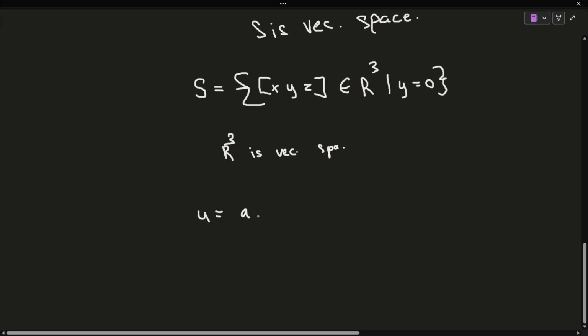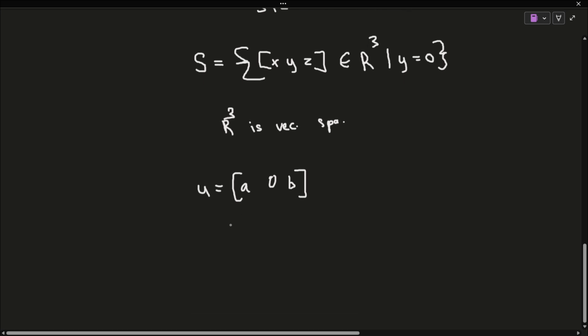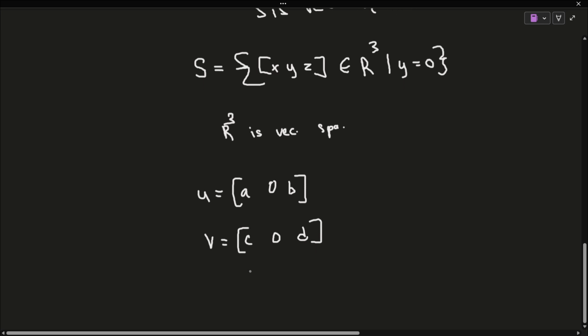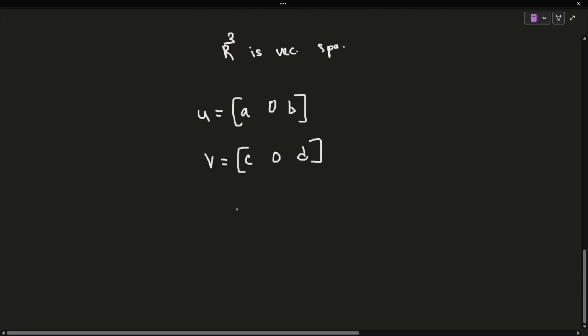Say we have U, which is going to be A, 0, and then B. And then we're also going to have V, which is going to be C, 0, D. And then add them together, you're going to get A plus C, 0, and then B plus D.